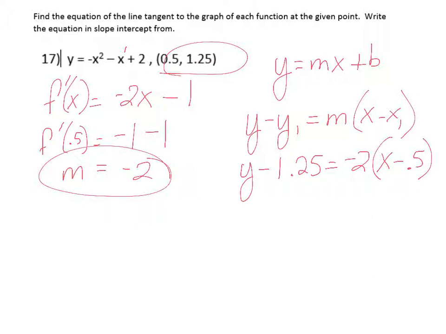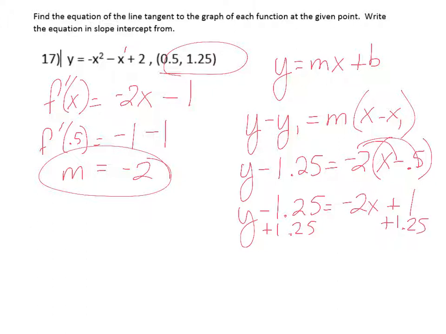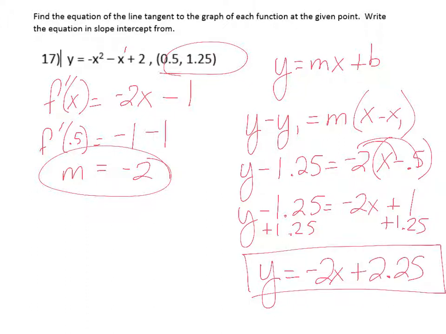Then I'm going to distribute here, and add my 1.25 to the other side. Looks like my equation is y equals -2x plus 2.25. That is the equation of the tangent line to this function at that spot.